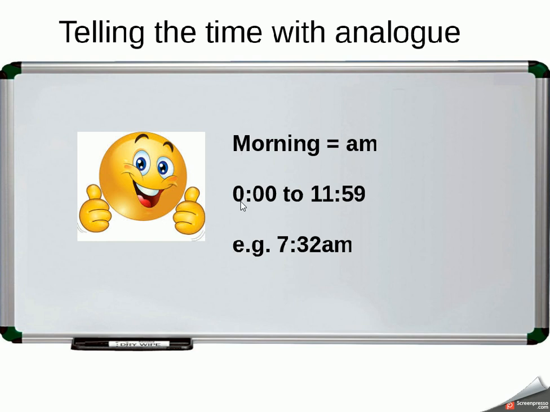So any time from 00:00 to 11:59 would have an AM after it to tell us that it is in the morning. So for instance, 7:32 AM tells us it's 7:32 in the morning when the sun is coming up. Notice how midnight is part of the morning, like we said, with 24 hours. So really you'd have an AM for this one.